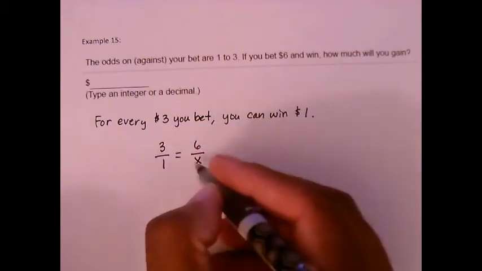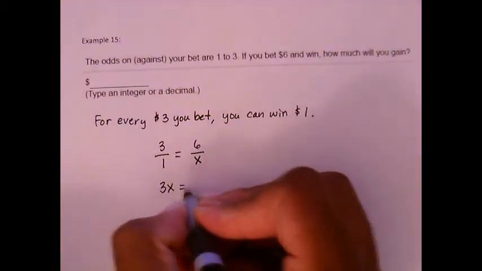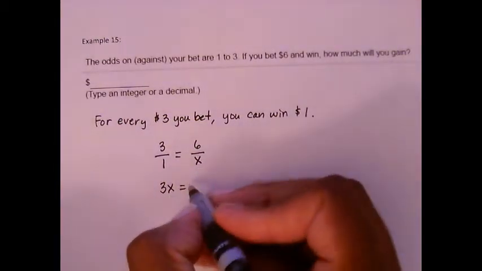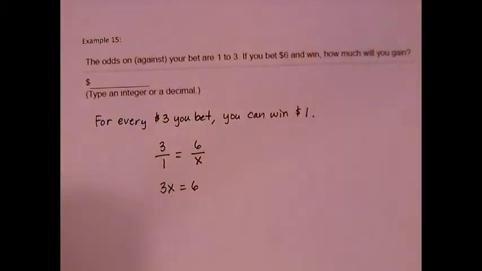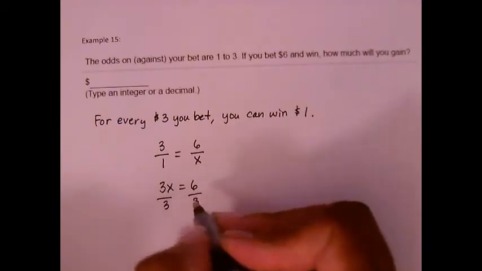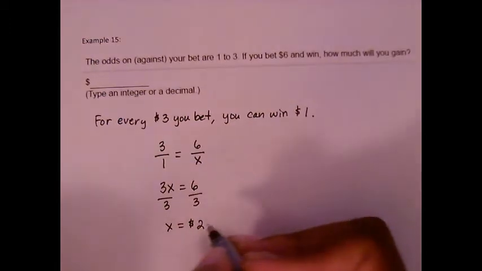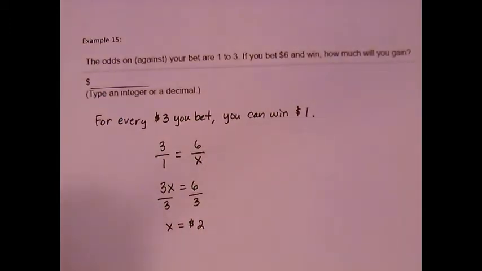If I cross multiply here, 3 times x, that's going to be 3x, equal to 1 times 6, that will be 6. So I have an equation, 3x is equal to 6. And to find out what x is, since x is multiplied by 3, I need to divide both sides by 3. So x will be equal to $2. So, if I bet $6 and win, I can gain $2 from this.